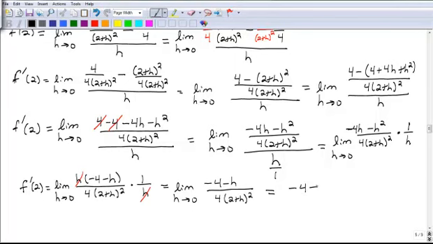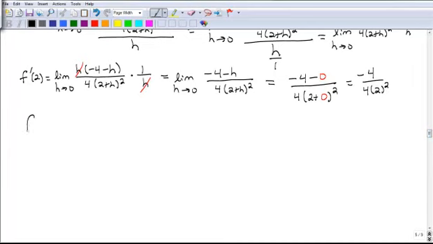And so this is negative 4. So I just write it down again, and wherever I see an h, I'm going to plug in 0 now. And this turns out to be negative 4 over 4 times 2 squared. So we can actually calculate the derivative. The derivative at 2 is negative 4 over 16, which is negative 1/4.